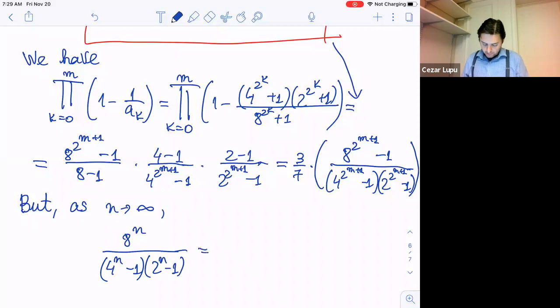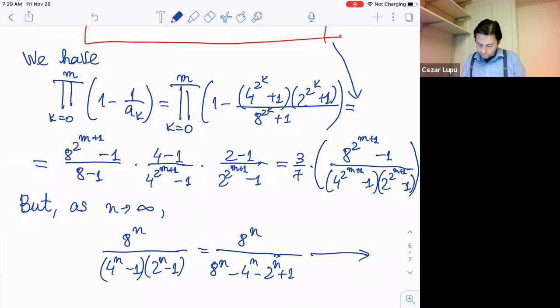Which will be nothing else than just 8 to the power n over 8 to the power n minus 4 to the n minus 2 to the n plus 1. So as n approaches infinity, this guy will approach what? Well, it's quite clear when you factor 8 to the power n on the bottom, you will have 1. So this would be 1.